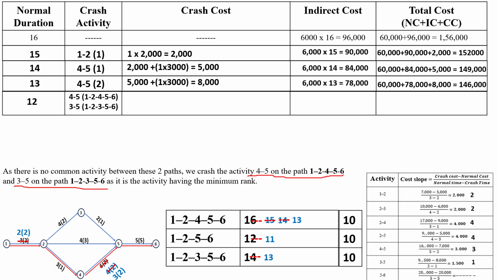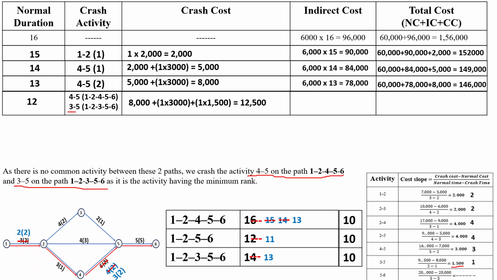Then the crashing cost: the previous cost is 8000 plus the crashing cost of activity 4 to 5, that is 1 day into its cost slope of 3000, so 1 into 3000, plus the crashing time of activity 3 to 5, which is 1 day with cost slope 1500, so 1 into 1500.